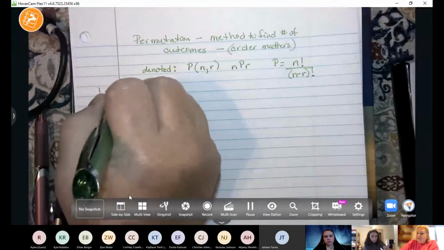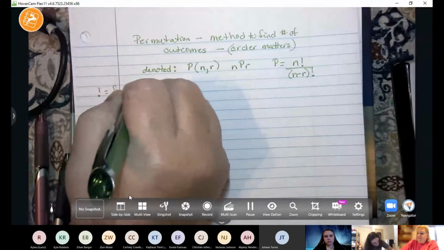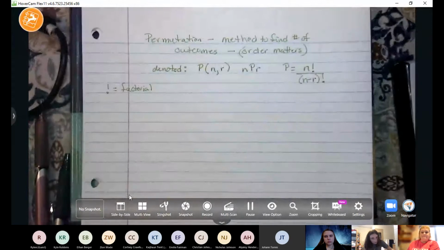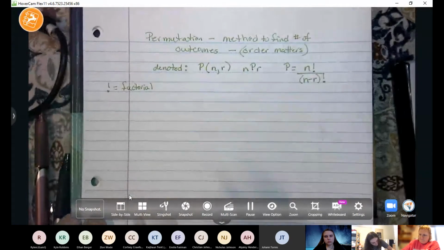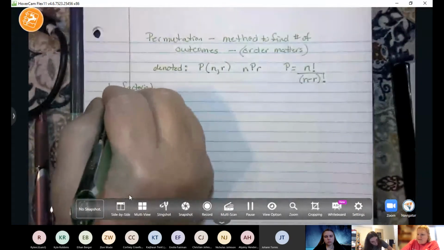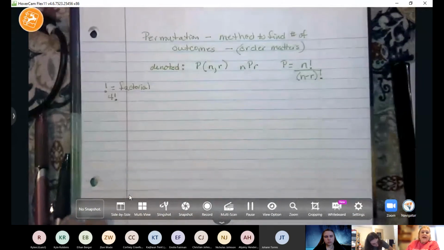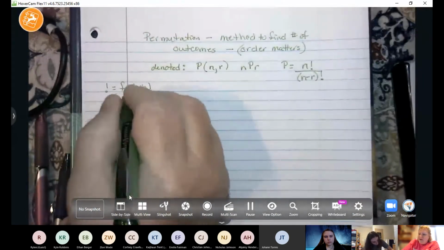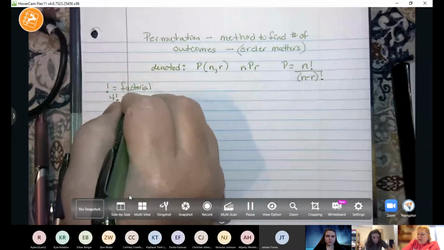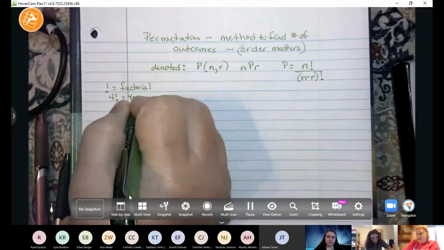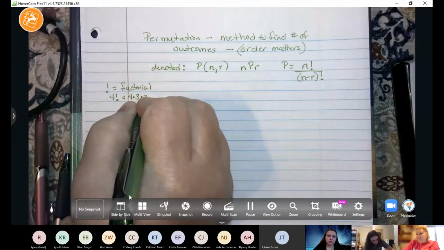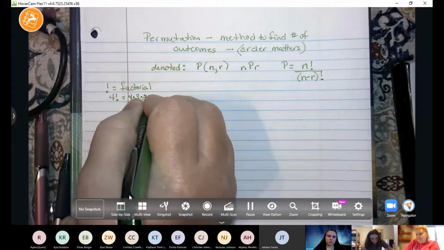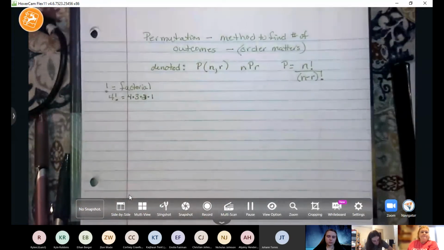Now, as a side note, the exclamation mark means factorial. So if I have a problem that says 4 factorial, that means that I take whatever this number is and I multiply it times each succeeding number down to 1.